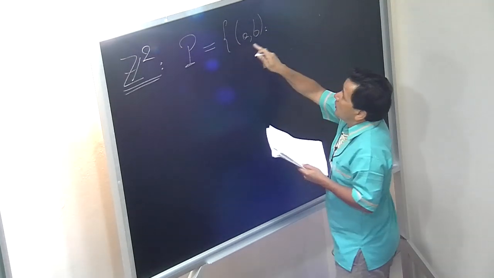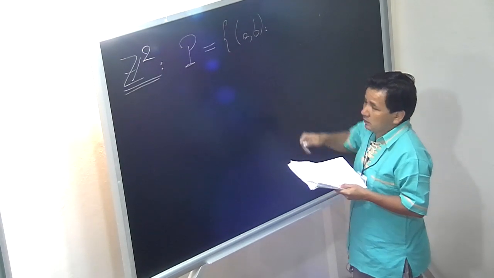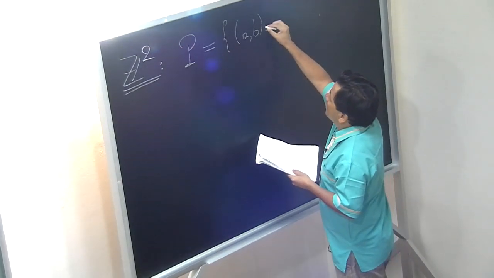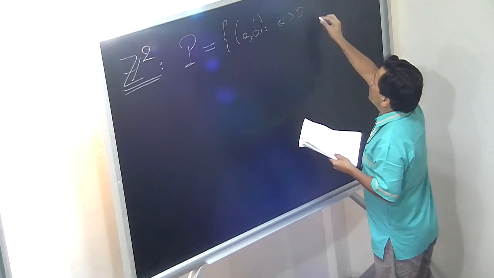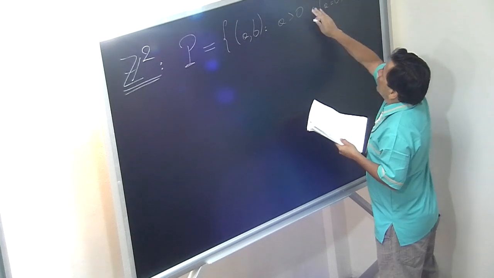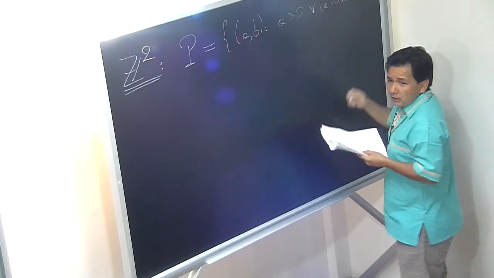You take A and B, the pairs of integer numbers, so that either A is positive or A is equal to 0 and B is positive. Okay?